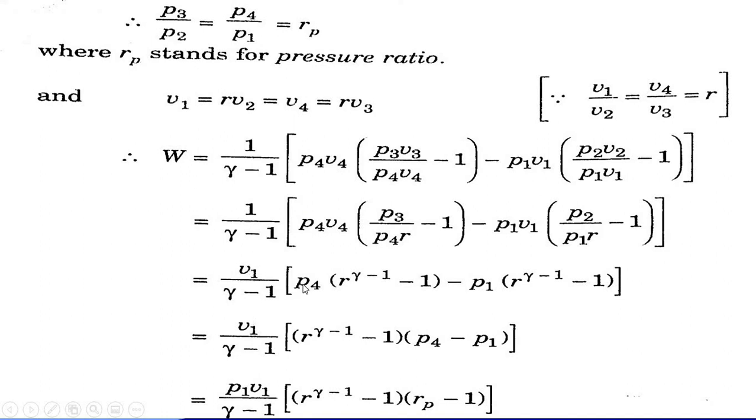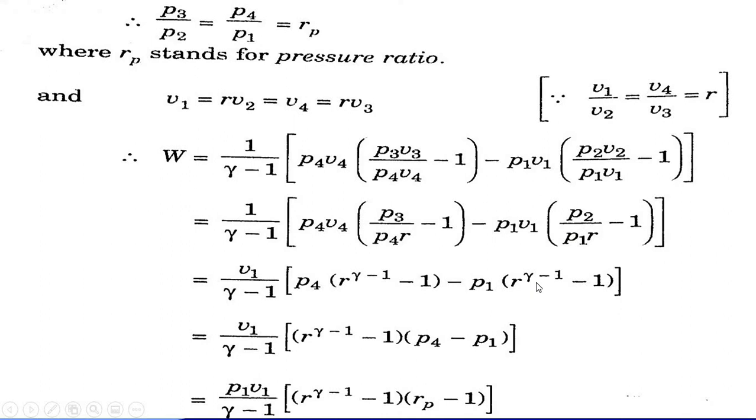V1 is taken out, and remaining you can see that P4 into P3 by P4, you can say that is R power gamma minus 1. So here P3 by P4 itself is R power gamma into 1 by R is R inverse, so R power gamma minus 1 minus 1 minus P1 into R power P2 by P1 is R into 1 by R is R inverse.